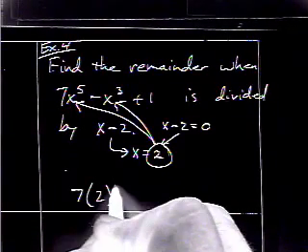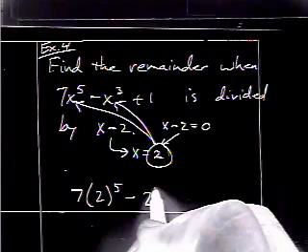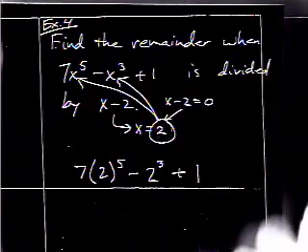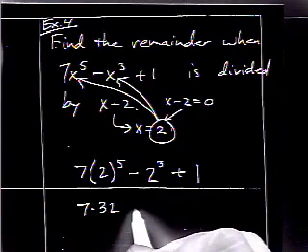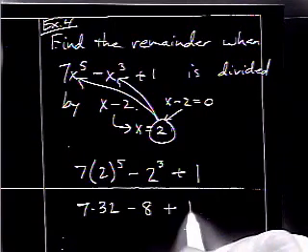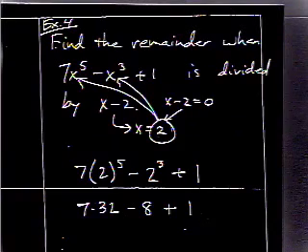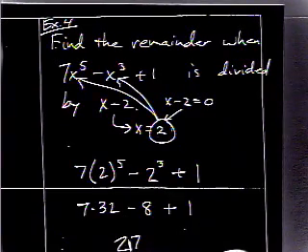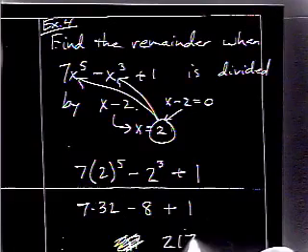So 7 times 2 to the 5th minus 2 to the 3rd plus 1. So we have 7 times 32 minus 8 plus 1. 217. Whoops. 217.